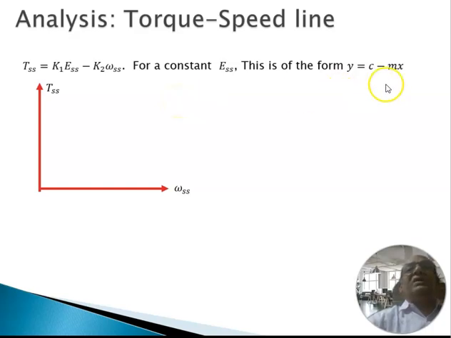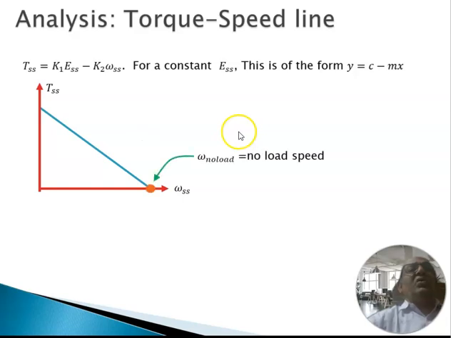And we note that this equation has a negative slope because we have minus K2 omega m. So the line is a negative slope line. And this point where torque is equal to 0, on the x-axis, so y is 0, y is the steady state torque, this is called no load speed. Similarly, this point is called stalling torque. At this point, you have speed equal to 0.